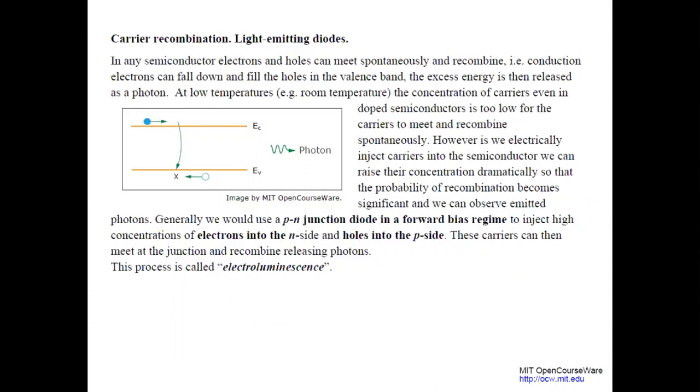We can observe emitting photons, and that is a p-n junction diode in forward bias region. If we inject a higher concentration of electrons into the n side and holes into the p side, these carriers can meet at the junction and recombine, releasing photons. This process is called electroluminescence.